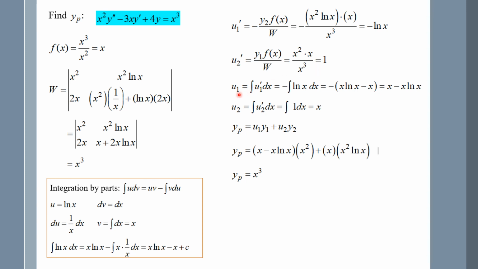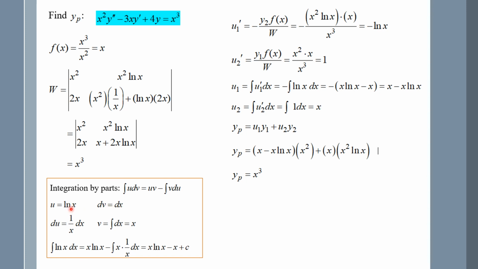Next, we are going to evaluate u1. u1 is just the integration of u1 prime with respect to x. But we know that u1 prime is negative ln x. And so in order to evaluate this integral, we have to apply integration by parts, where we let u equal ln x and dv equal dx.